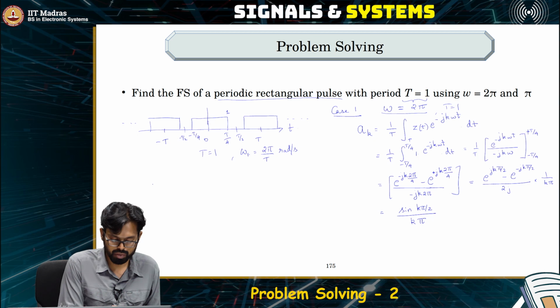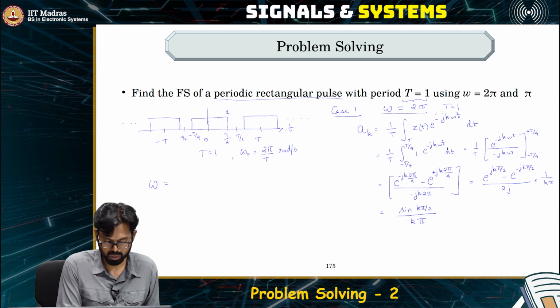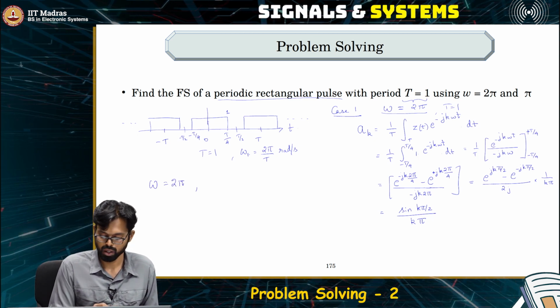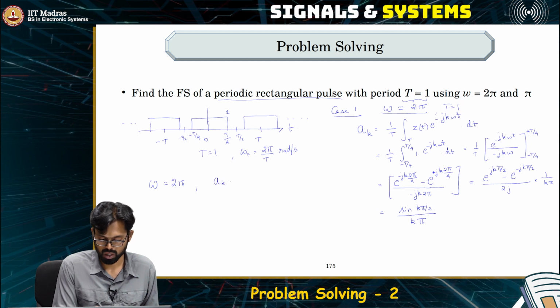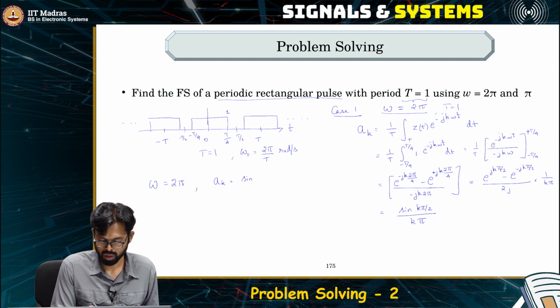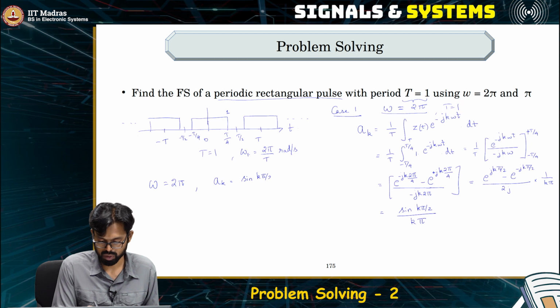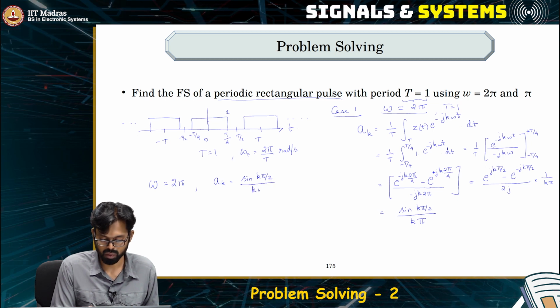So when the fundamental frequency is chosen to be 2 pi radians per second, we get that the coefficients are equal to sine k pi by 2 divided by k pi. This we have already solved.